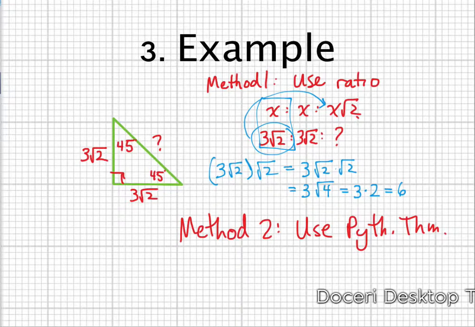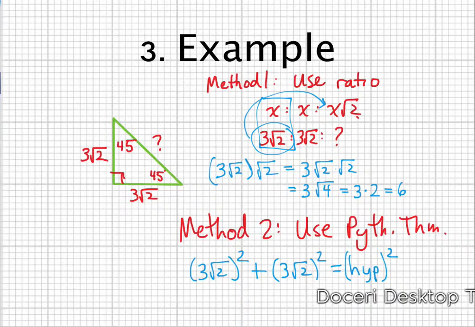So then I would just square root both sides and get my answer. So let's do that now. So I have 3 square root of 2 squared, and you'll notice I'm putting parentheses around this because I want to multiply the whole thing by itself, not just the 3 and not just the square root of 2. I want to multiply everything inside, square it by itself.